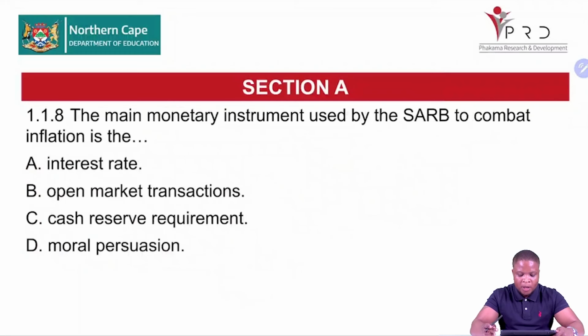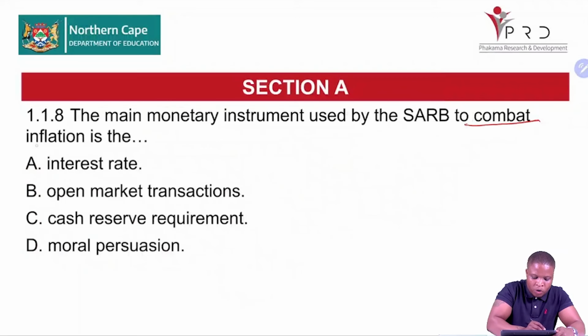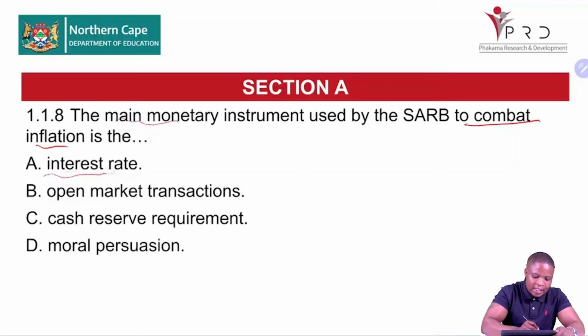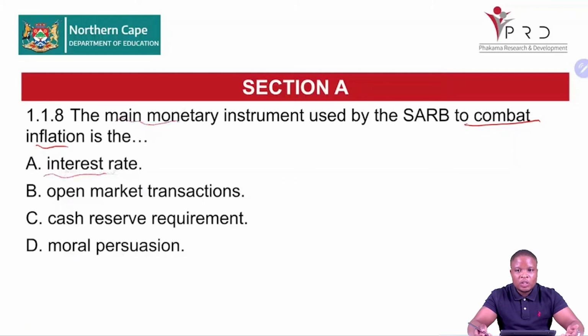Monetary instruments include interest rate, open market transactions, cash reserve requirement, moral suasion, money supply. So we have many of them. But what is the main one they use when they want to combat inflation? That is the interest rate, because it is easier to use. After every quarter, the Reserve Bank governor announces the repo rate. So the main instrument is the interest rate.